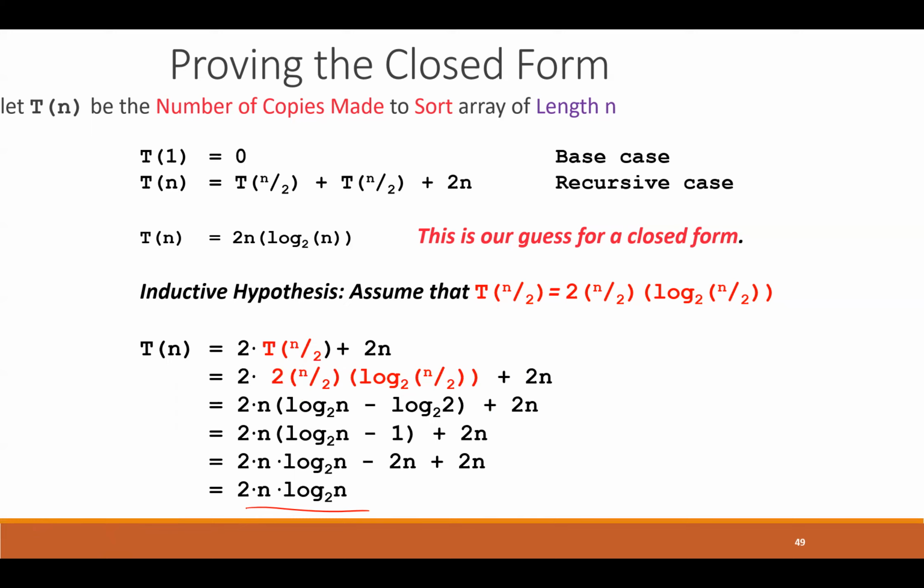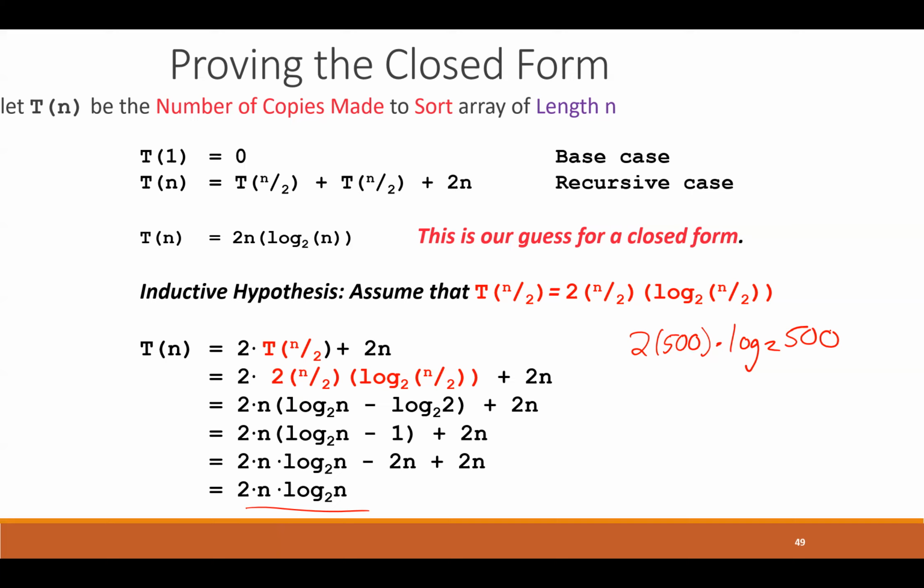So I have 500 scantrons to sort. 2 times 500 times log base 2 of 500. So log base 2 of 500 is, anybody know? 512 would be the closest, and the log base 2 of 512 is 9, I think.